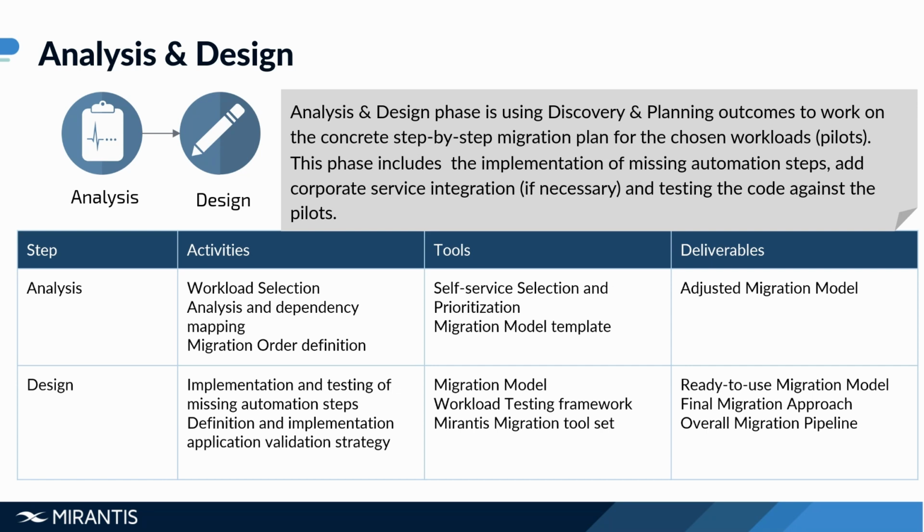The design is just to be implemented by our engineers based on the agreements, based on the requirements from the customers, also from the workload, the missing steps. This can actually also be using external services.